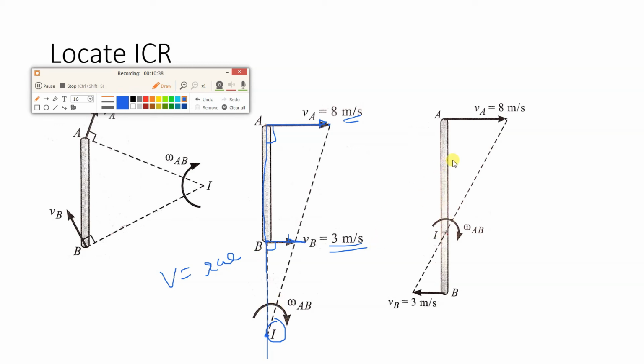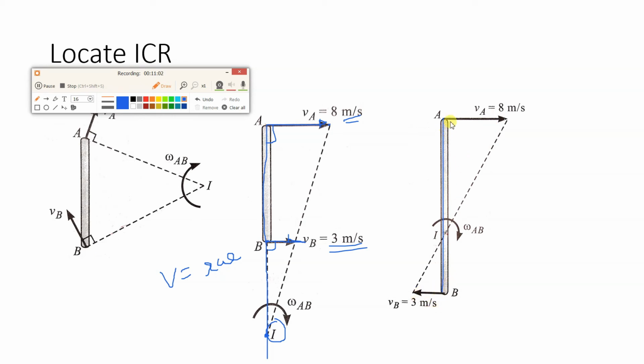Next example. Now these are two velocities in opposite directions. Again there is a rod in general plane motion, and at point A we have a velocity of 8 meter per second towards the right. At point B we have a velocity of 3 meter per second towards the left. So we have to draw this 8 by scale and 3 by scale.